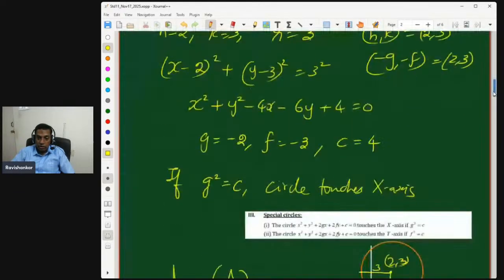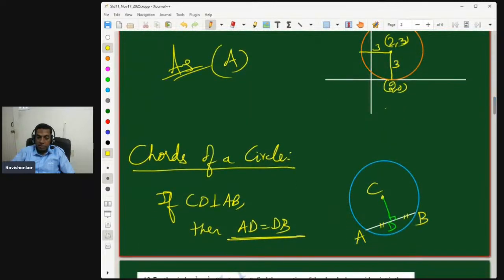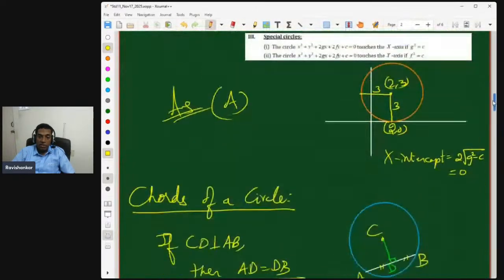But if it's more than one option, see, the x-intercept is 2 root(g squared minus c), which is 0 in this particular case, because g squared equals c.